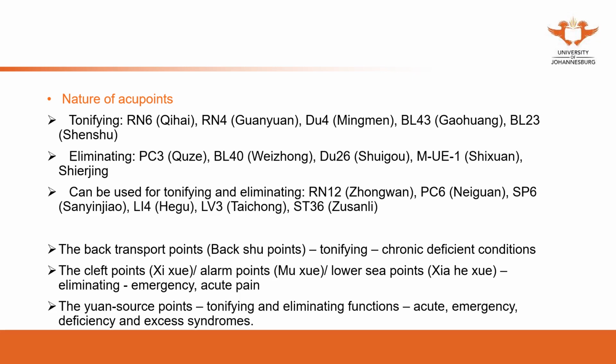Eliminating: pericardium 3, large intestine 40, bladder 40, Du 26, and the Shixuan (十宣) actual points, the 12井, the 12 Jingwell points. So you use either the first point of the meridian or the last point of the meridian.